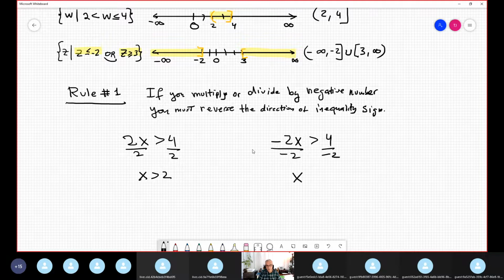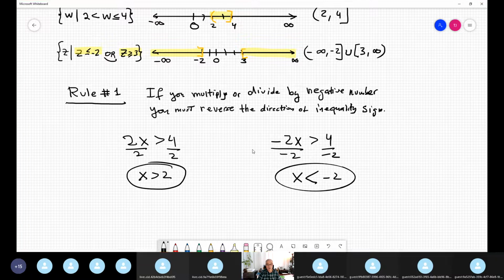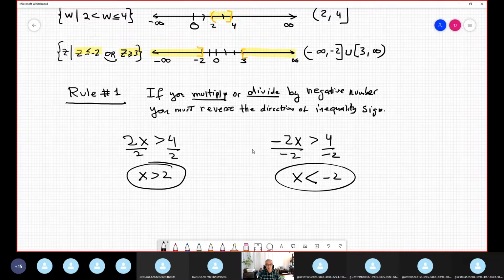So x is equal, 4 divided by negative 2 is negative 2, but you have to reverse the inequality sign. So when you divide by a positive number, it stays the same. When you multiply or divide by a negative number, you have to reverse the direction of the inequality. This is rule number one.